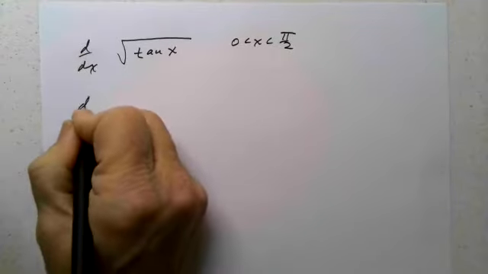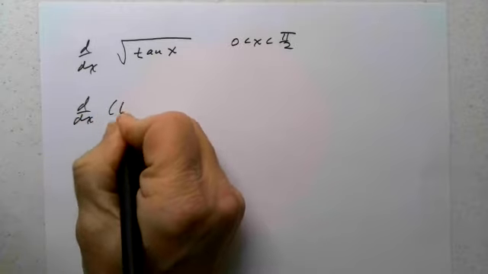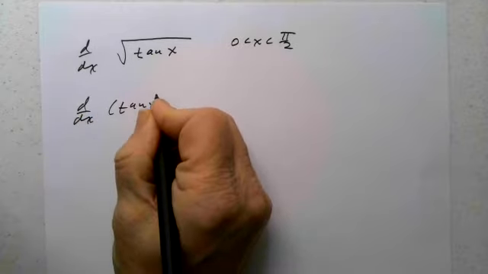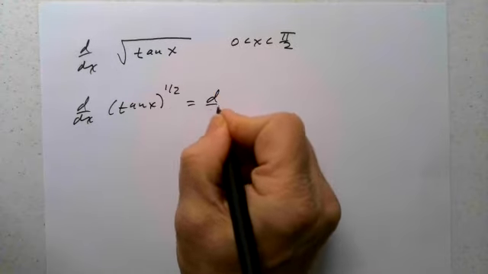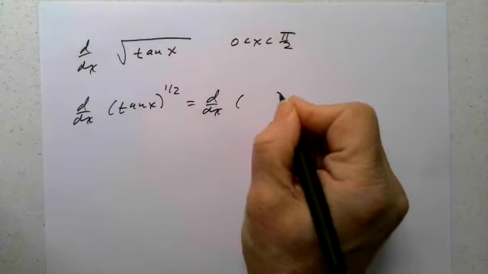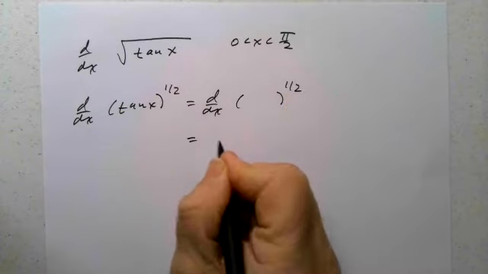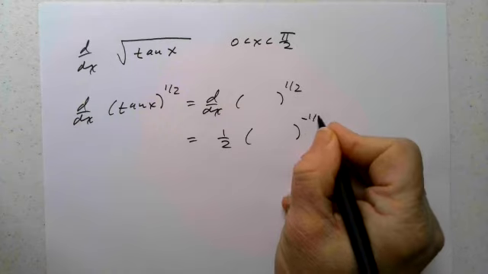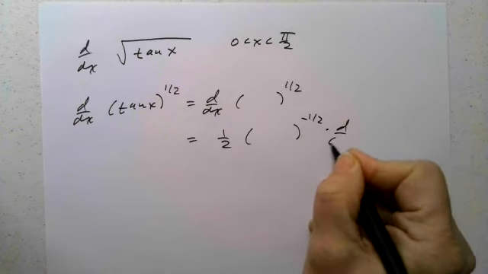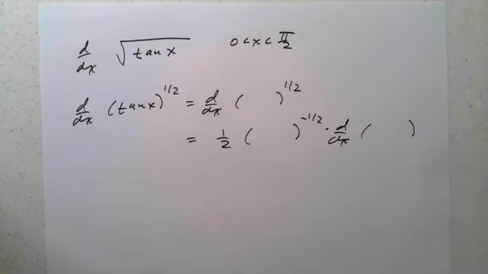So I'm going to rewrite this as the derivative with respect to x of tangent x to the 1/2 power, which is the derivative of something to the 1/2 power, which would be 1/2 something to the negative 1/2 times the derivative of the something.